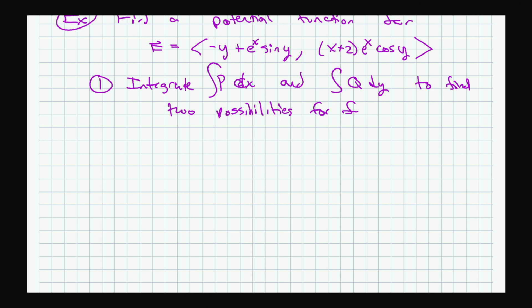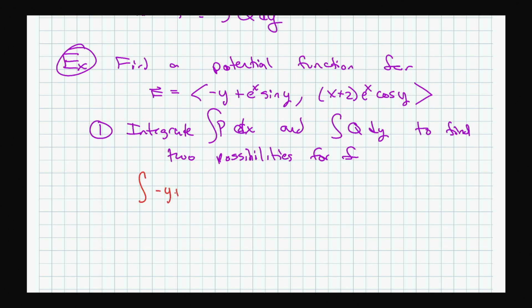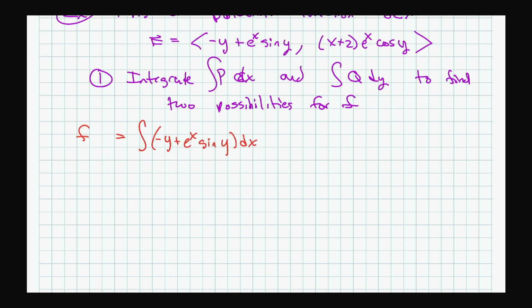Okay, so let's do that. You just do the integral of negative y plus e to the x sine y dx, and that is what f is equal to. This integral with respect to x is not going to be hard. The integral of negative y dx is negative yx.